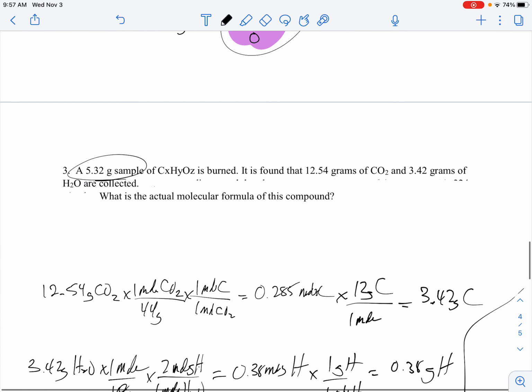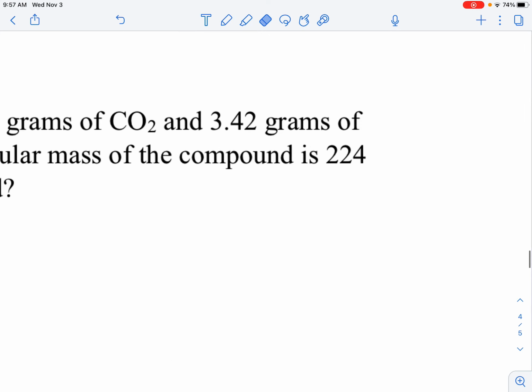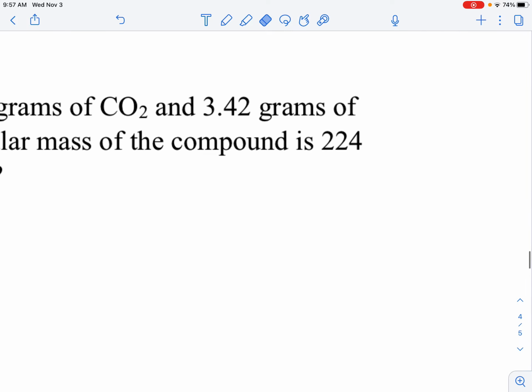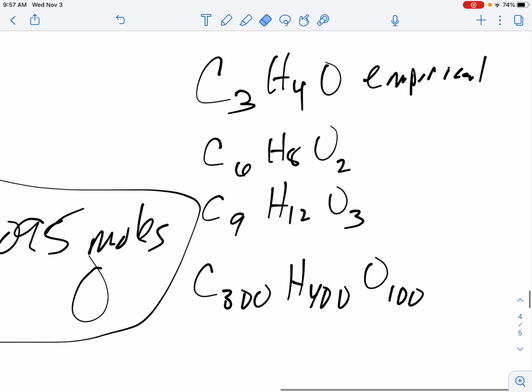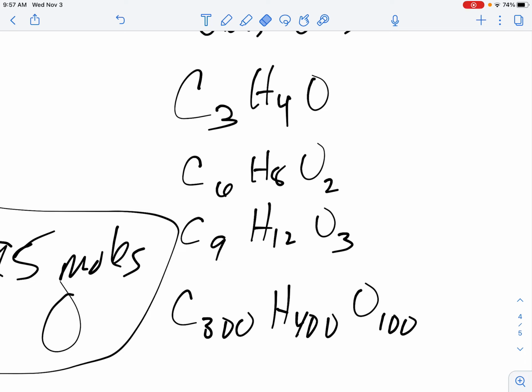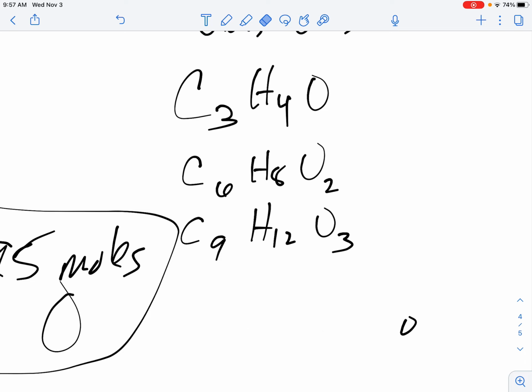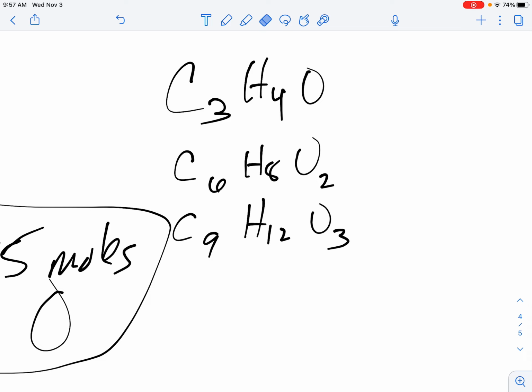Remember that thing that we erased earlier? Well, that's what this is trying to tell us. This says that later it was discovered that the actual mass weighs 224. So then the question becomes, which of these multiples actually weighs 224? The easiest way to do this is to start with the empirical. 3 carbons is 36, 4 hydrogens is 4, and then an oxygen is 16.